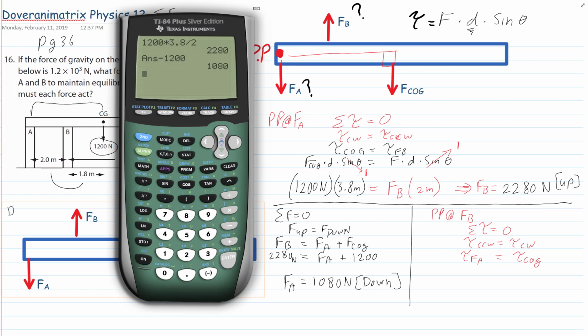The torque of A is force times distance times the sine of theta, and that has to equal the force times the distance times the sine of theta. And in both of these cases, the sine of theta is 1. And the force is what we're trying to find out, FA. The distance from FA to the pivot point B is 2 meters.